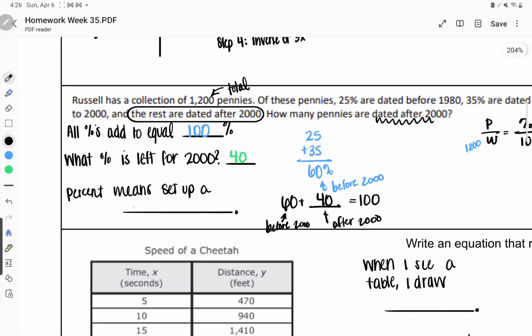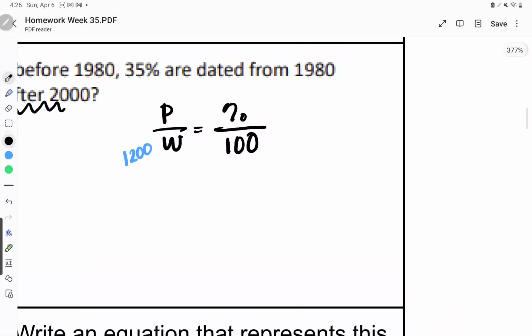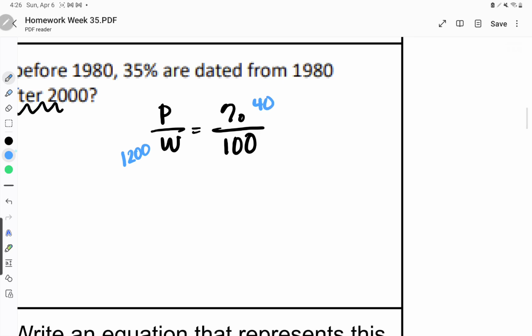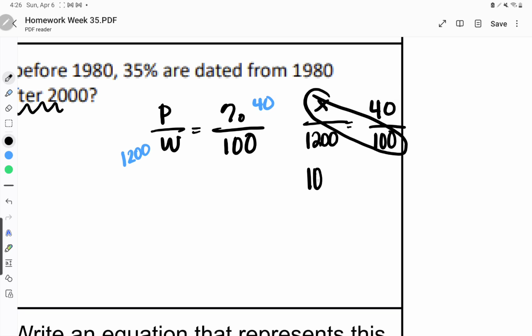And then percent means we set up a proportion. So 40 is going to go into this blank right here. When I set it up, I would have x over 1,200 equals 40 over 100. We solve proportions by cross multiplying, so I do x times 100, which gives me 100x, and then I do 40 times 1,200.